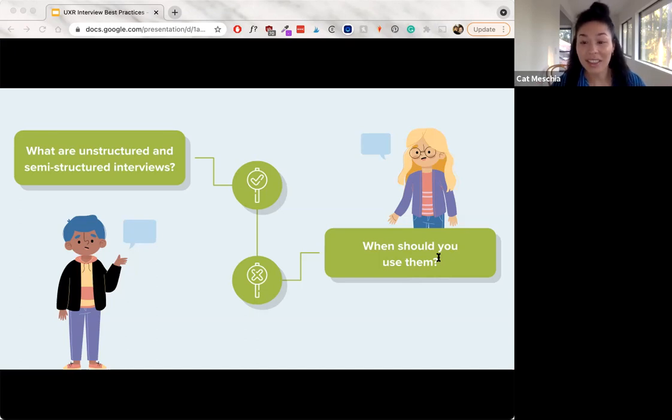No one wants this, and for a sustainable business, no one wants to pay for this. The information you collect during an interview in the early stage of a project will help inform your hypotheses and eventually your ideas. Now, during a project, these kinds of interviews are really great for getting qualitative feedback.